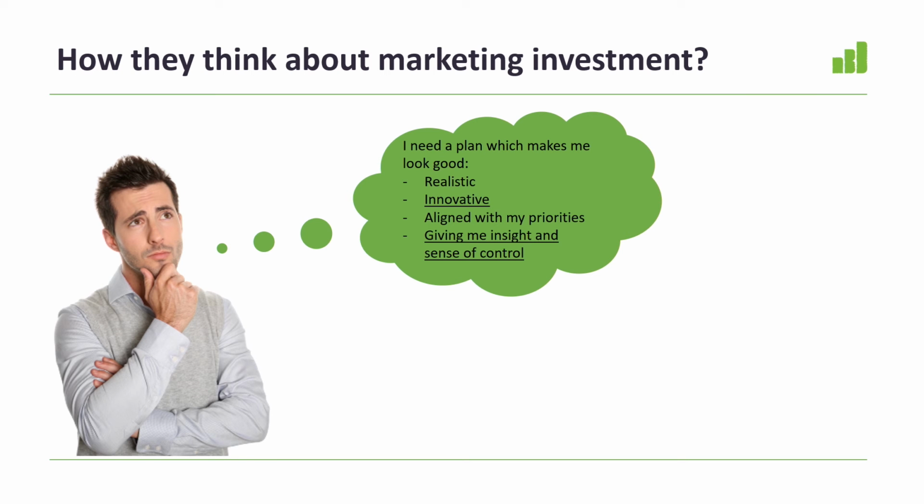Now, if we look at how these people are thinking about marketing investment, well, first of all, they care. I mean, they want to look good. Right? They want to have a plan which is realistic, innovative, so that they can also stand out internally in the company with some innovative idea. They want it to be aligned with their priorities.